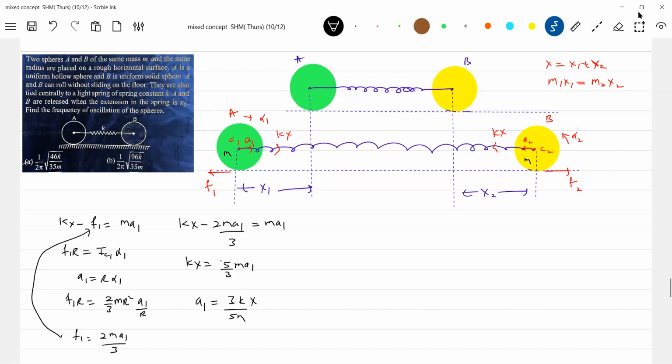What is the displacement of center of mass C1? It is x1, not x. So I should replace x in terms of x1. I'll take help of the mathematics here. x2 I'll replace as m1 x1 by m2. So x has to be replaced, where x is equal to (m1 plus m2) by m2 into x1.